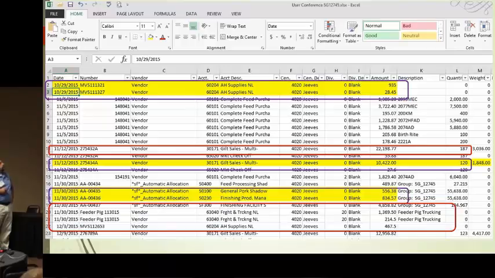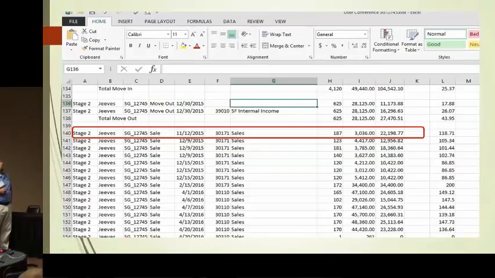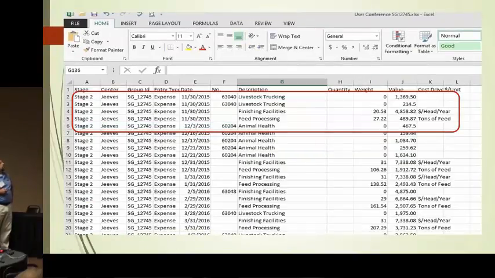This first transaction on 10/29 was two animal health supply invoices, one for $935, one for $28. Our first transactions started at 11/30.